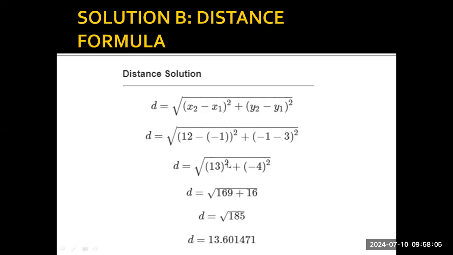So 13 squared gives 169. Negative 4 squared gives positive 16. And let us get the sum. So d equals the square root of 185. So the actual distance between star X and star Z equals 13.601471 light years.